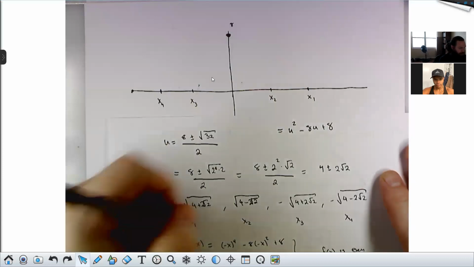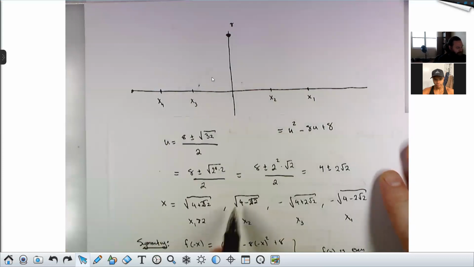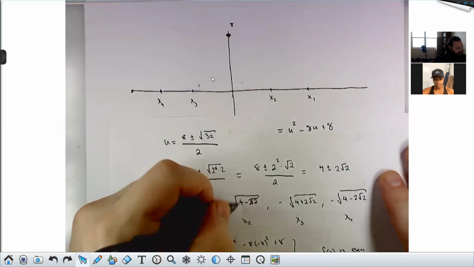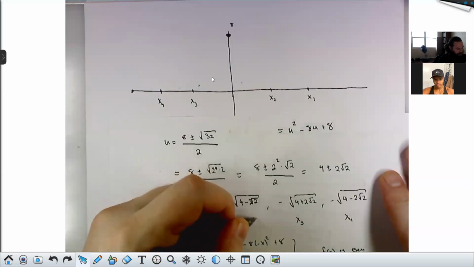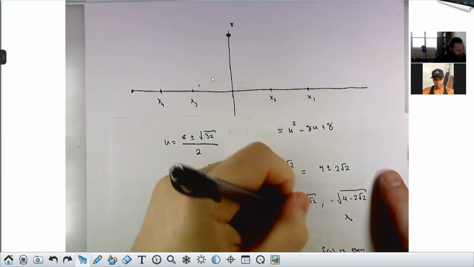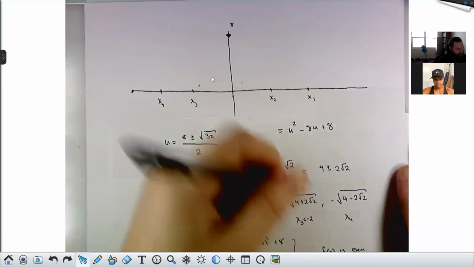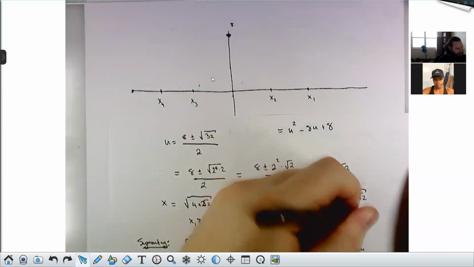So this is definitely bigger than 2. This is the square root of something smaller than 4, right? We take 4 minus this and then take the square root. So this is going to be a little bit smaller than 2. And these are the symmetric points. So this is going to be a little bit to the left of -2. And this guy is going to be a little bit to the right of -2.